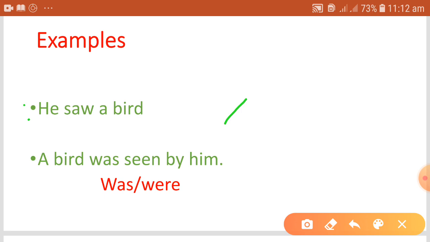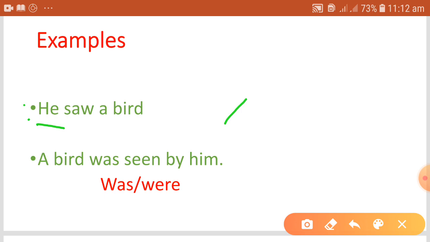Friends, as you know, the subject comes at the beginning of the sentence, so you can easily find out the subject, that is, he is the subject of the sentence. Second, we need to find out the verb.